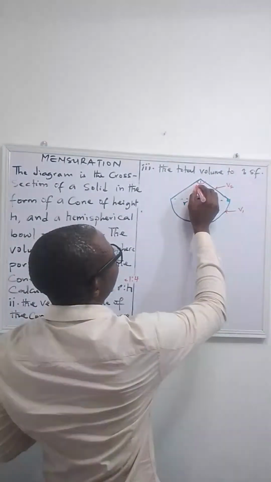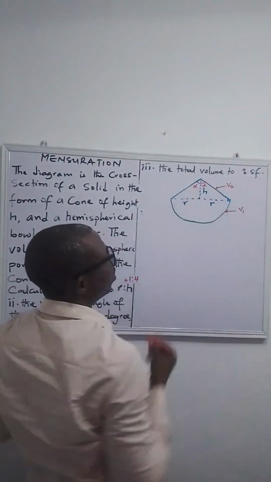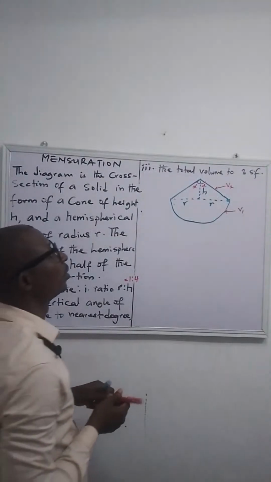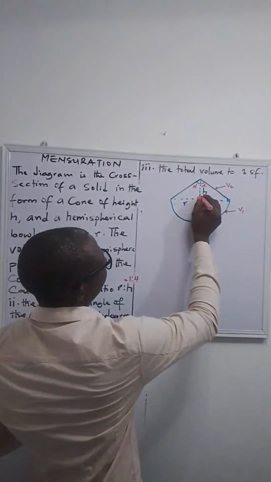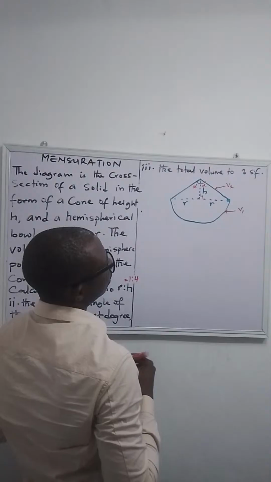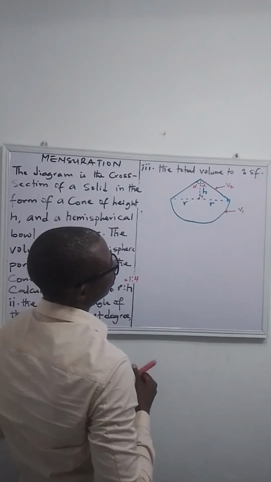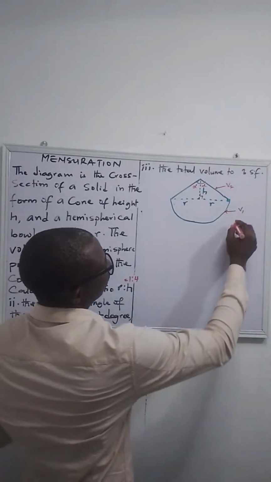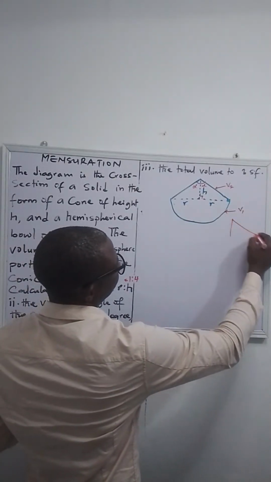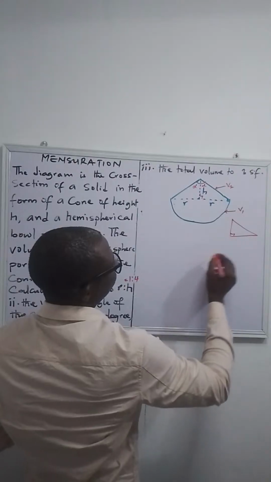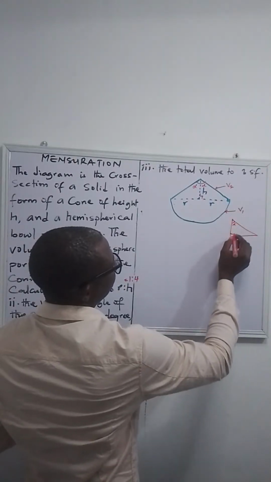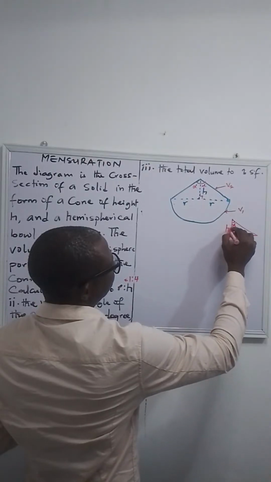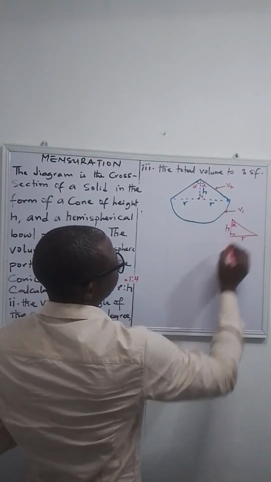Let's say it is alpha, alpha. It bisects it into 2 equal parts, and this is a right angle here. Since we want to get this angle, look at this right angle. I can bring out a right angle triangle here. This is alpha, this is h, which is the height, and this is the radius.